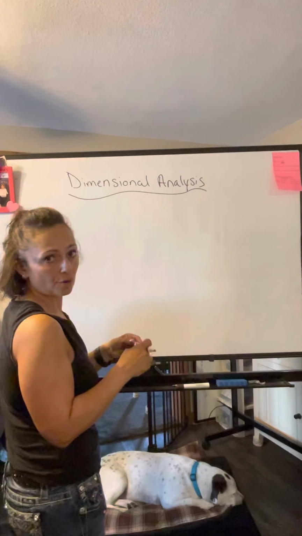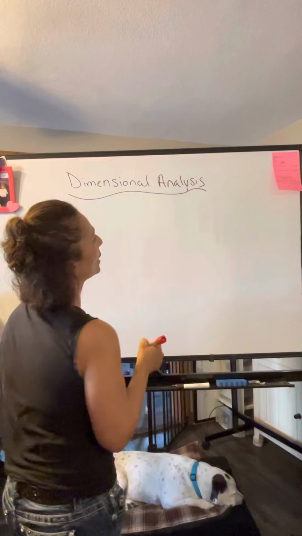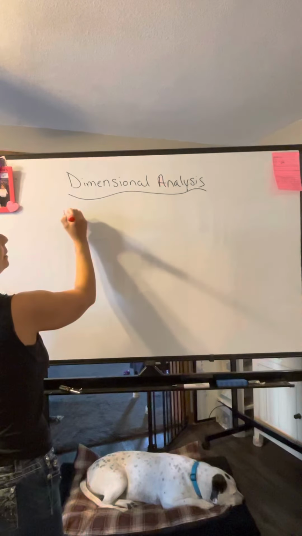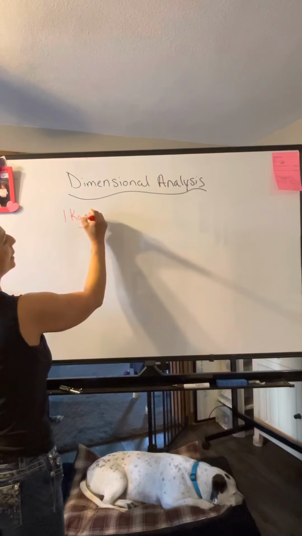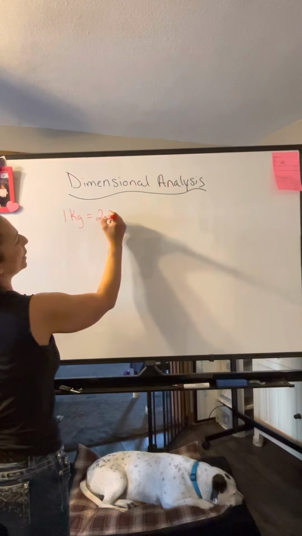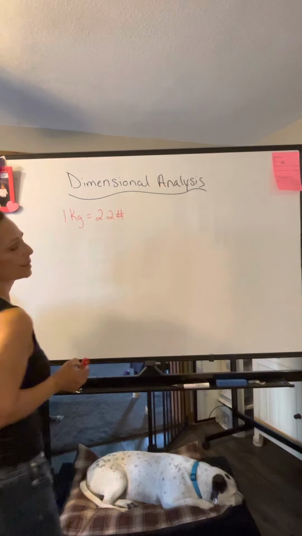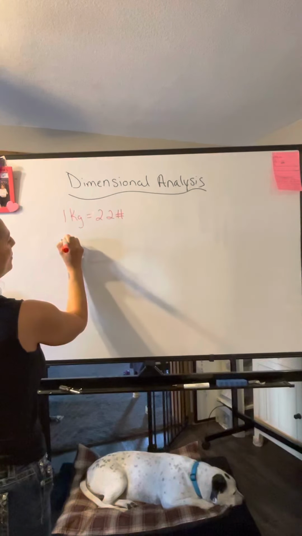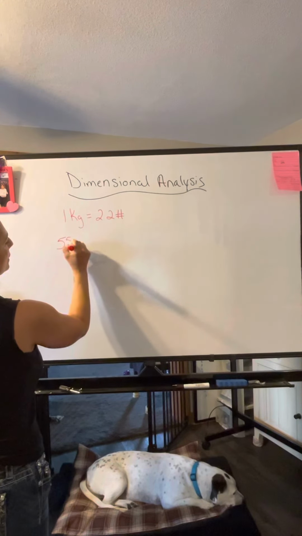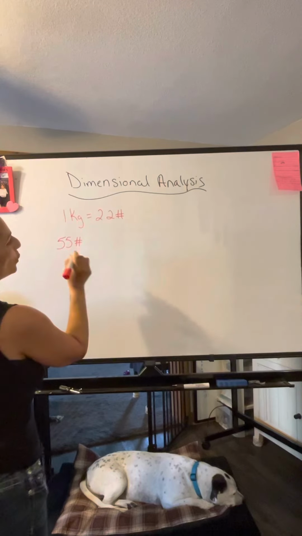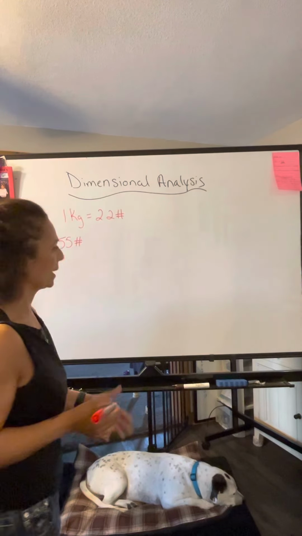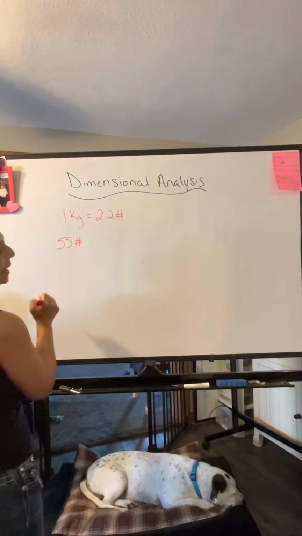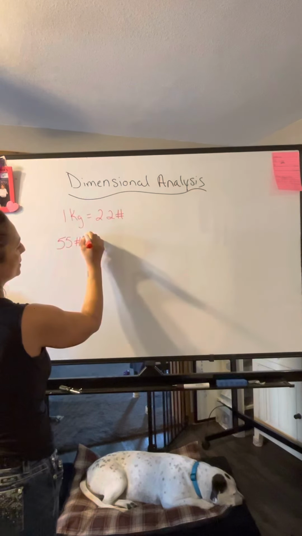So for example, just like the video that was already posted in Blackboard, we know that 1 kilogram equals 2.2 pounds. If you have an animal that is 55 pounds, and we need to convert that into kilograms, you're going to start with that weight, 55 pounds.